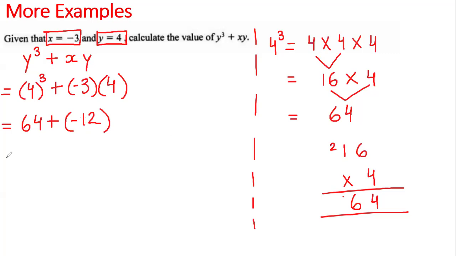So any positive number times a negative number equals a negative number. Positive times a negative is negative, and the same thing applies when we're doing division. So now we have a positive multiplied by a negative, because the bracket is multiplication.